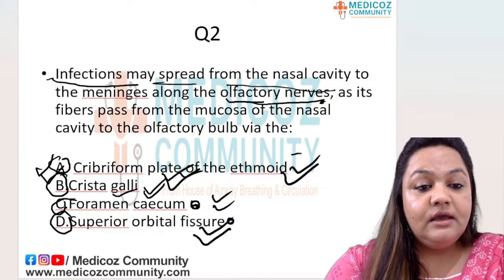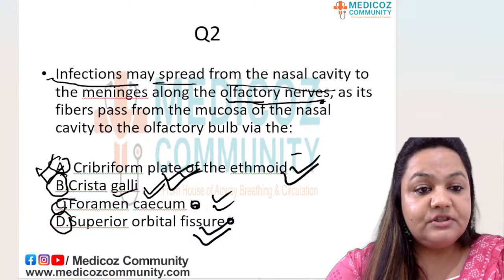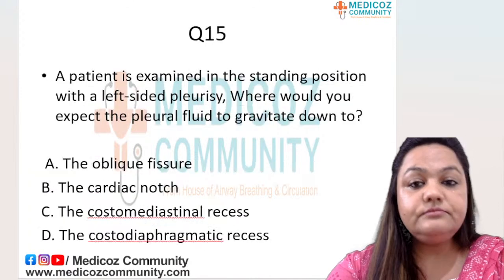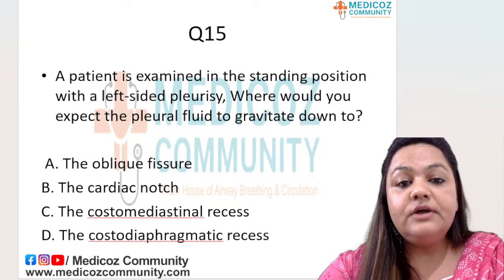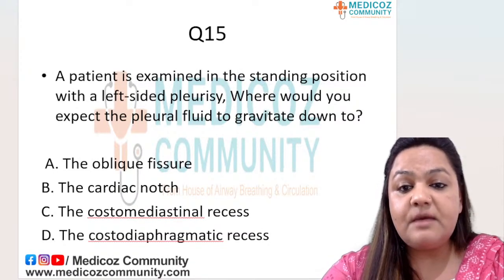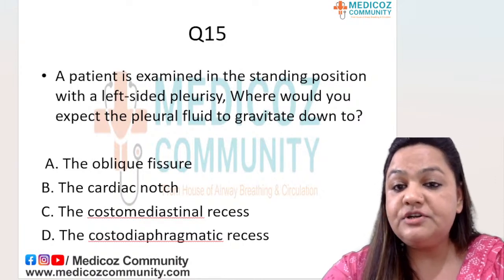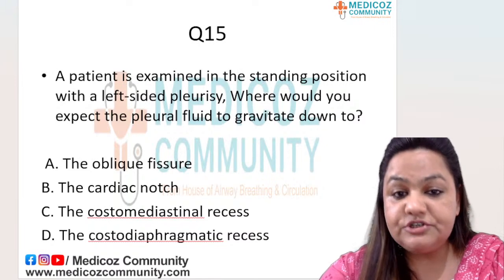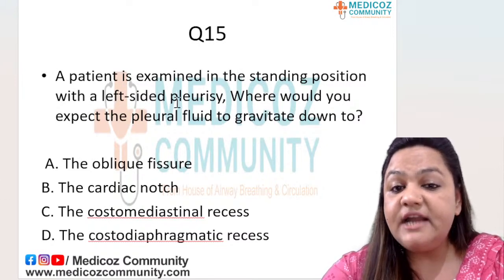Okay. So now we have another question of this session, question number 15. A patient is examined in the standing position. So we have examined a patient when he is in standing position, and the condition is he has left side pleurisy.